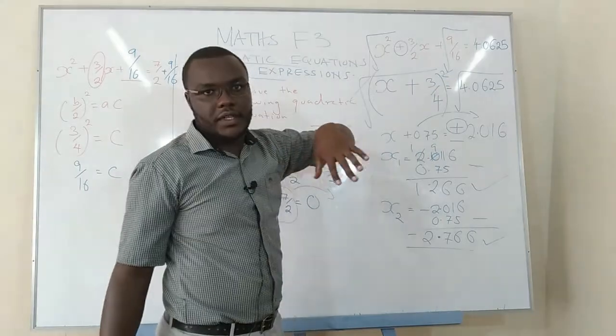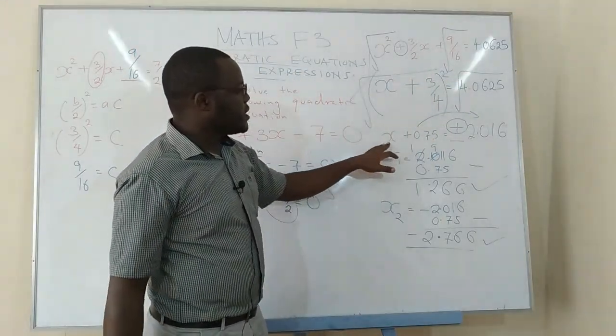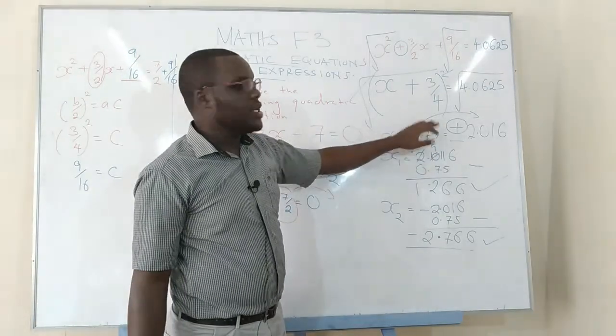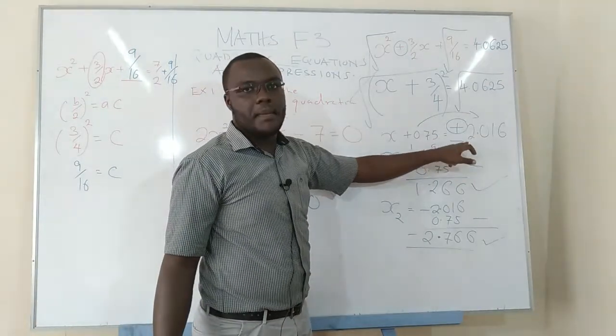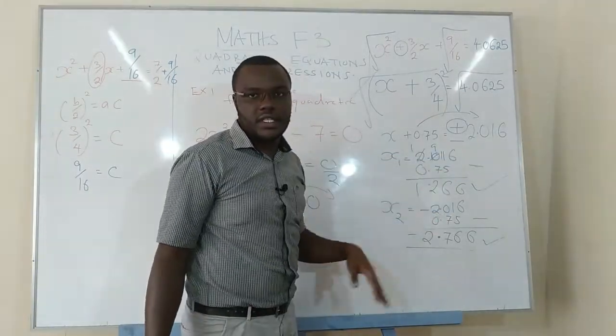We call it a perfect square. Finally, you square root both sides, and now we can see that x plus 0.75, this 0.75 is 3 over 4, is equal to, remember here you must say plus or minus. If you don't say plus or minus, you will not have two different answers.